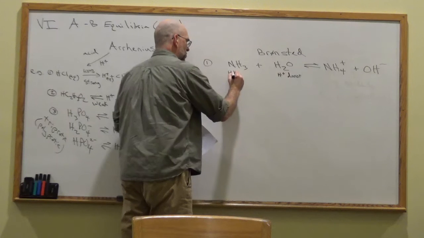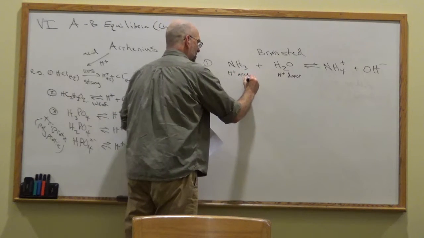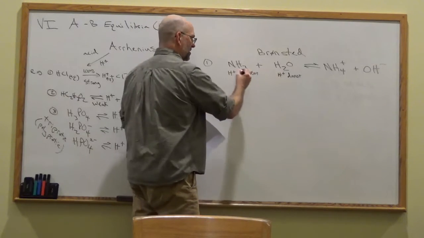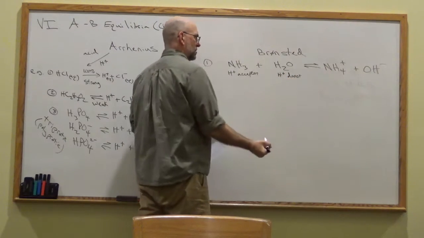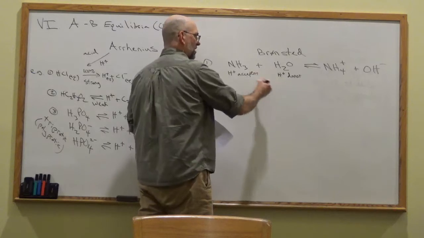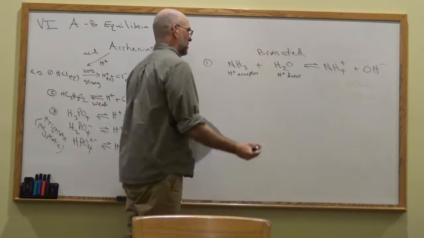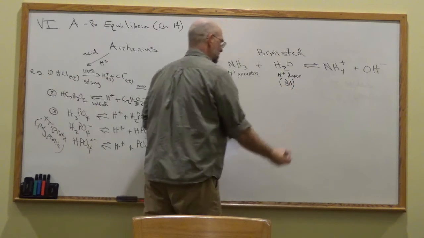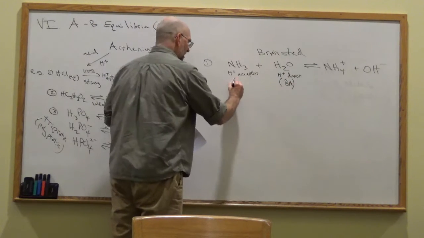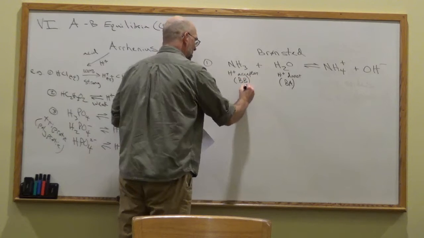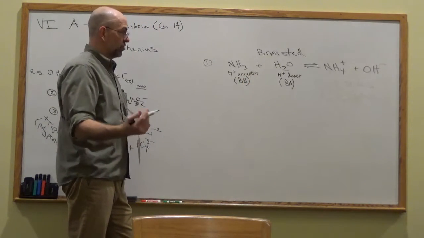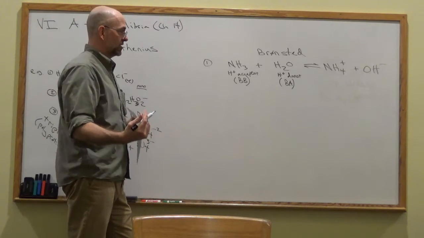This is an H plus acceptor. See that? Because when this accepts an H plus, it turns into this. When this donates the H plus, it turns into hydroxide. So this is the Bronsted acid. This is the Bronsted base. Fine. It's really not that big of a difference.